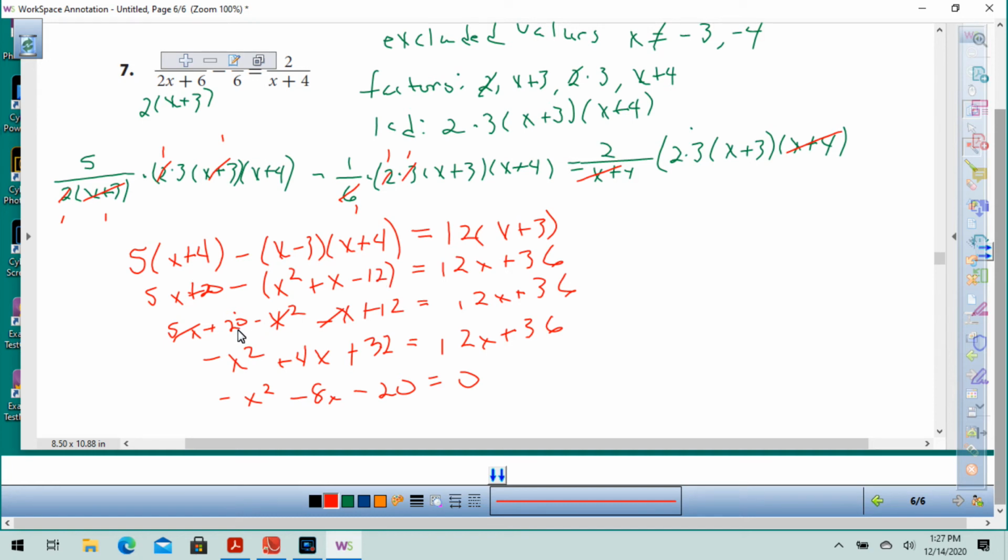So I got 5x. There you go, that's 15. I'm messing up big time. So that's 15, and that's not 20, that's 60. So that makes that a 60, and that makes that a 72, right?